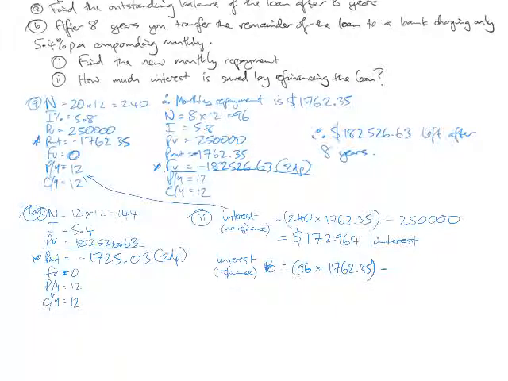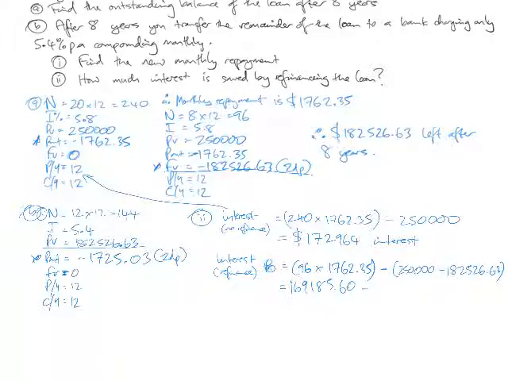And how much of the loan did you pay off? Well, you paid off $250,000 minus what you had left to pay after the 8 years, which was $182,526.63. So in the first 8 years, you paid $1,762.35, 96 times $169,185.60.